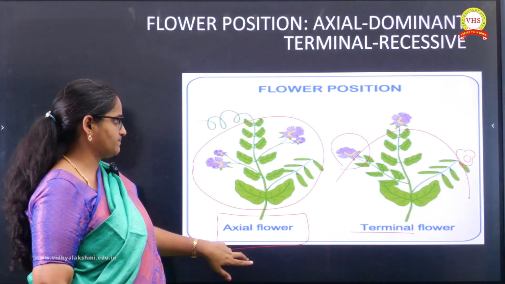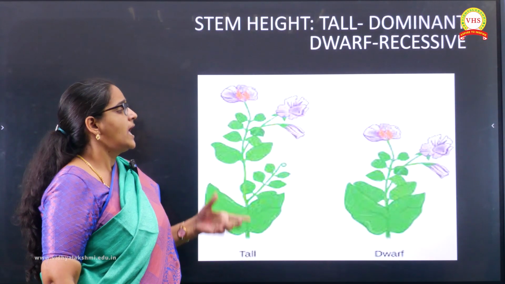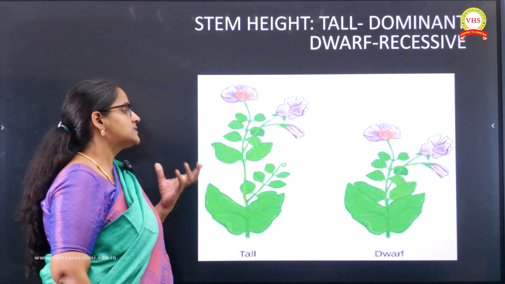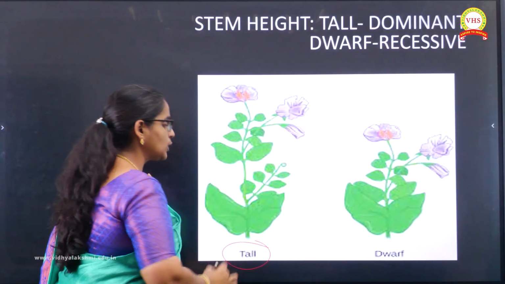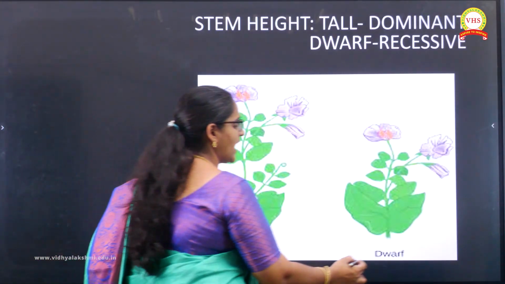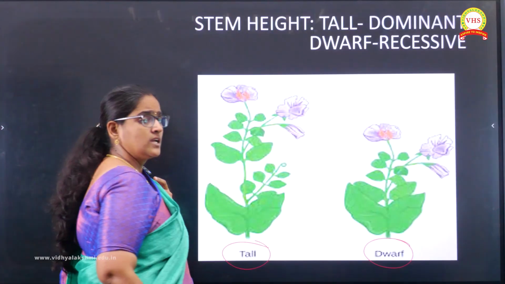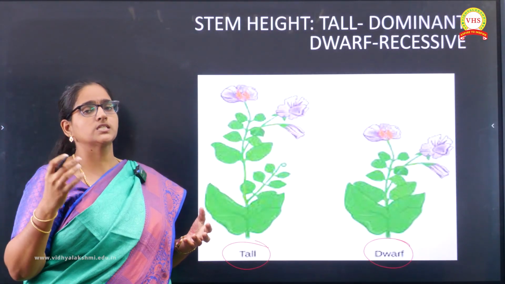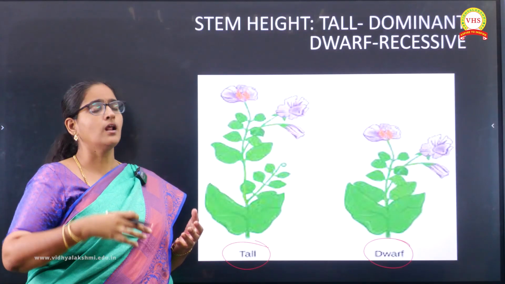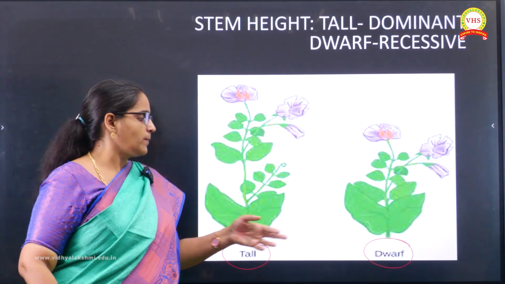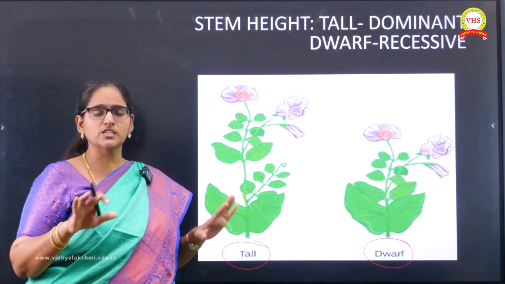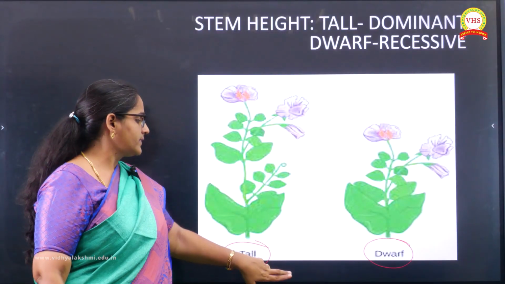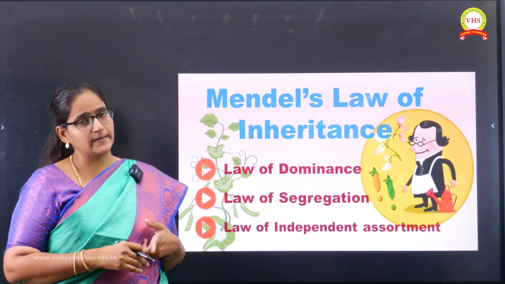And the last one is stem height. Some plants are tall and some are dwarf. The taller plants have a gene responsible for tallness, so more growth hormones are secreted and they are taller. But the dwarf plant always remains short. That is the recessive character.